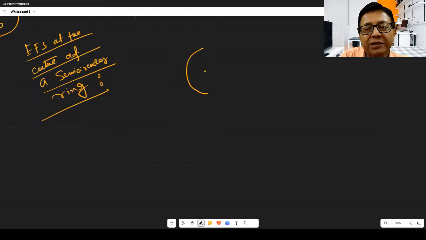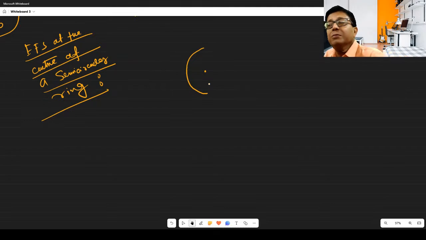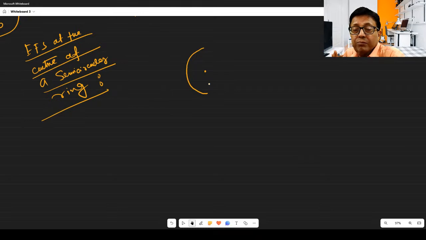This is the center. We have to find strength of electric field there. We will generalize the case. It may be semicircular, maybe quadrant of circle. Okay, generalization we will do. That at the end of this session I will give you as homework. But this time let us do it for semicircular ring and for quadrant of circle.